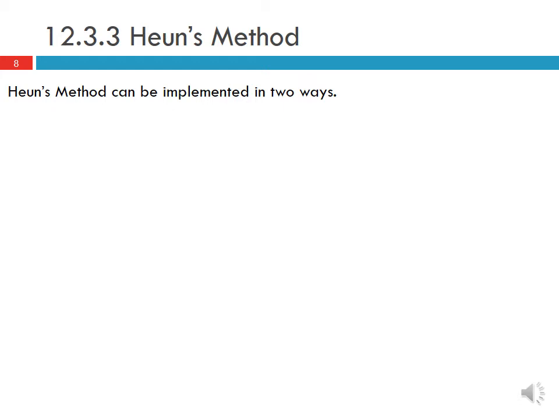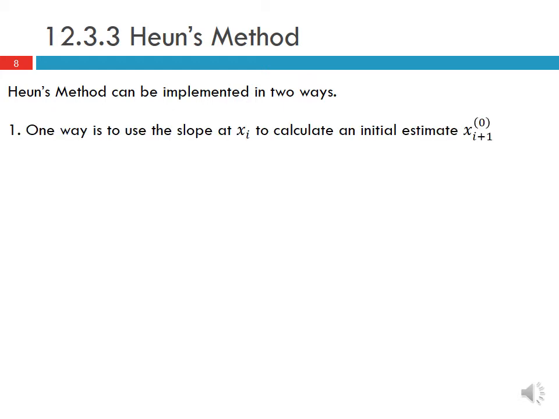Heun's method can be implemented in two ways. First, we can use the slope at x_i to calculate an initial estimate for x_{i+1}, which we can call x_{i+1} with the superscript 0.